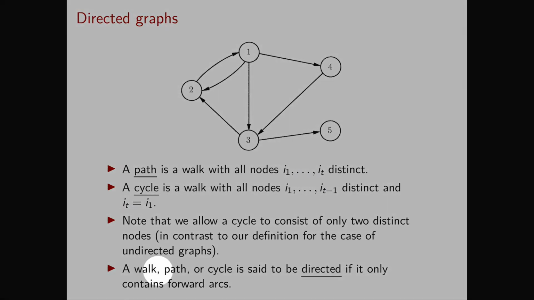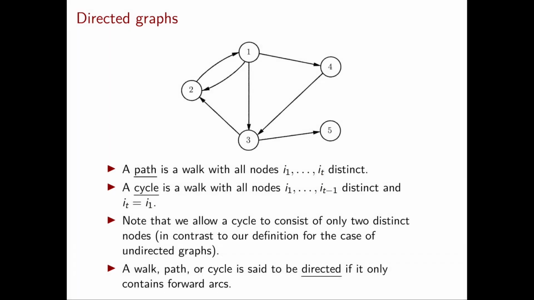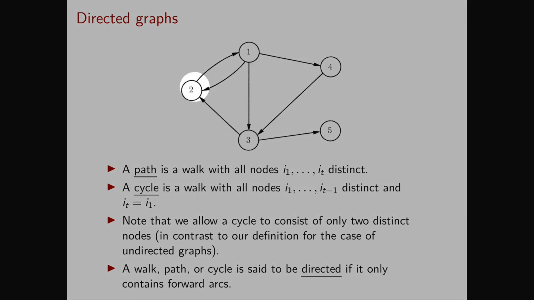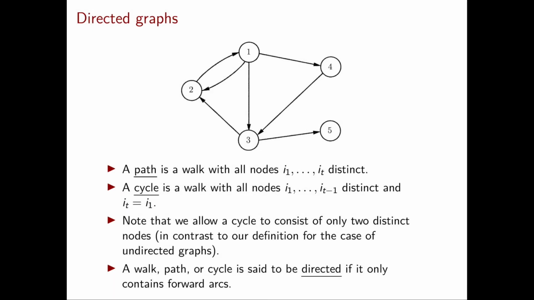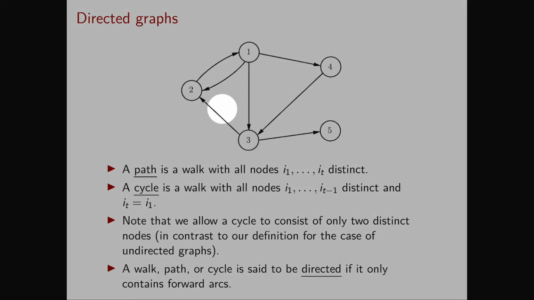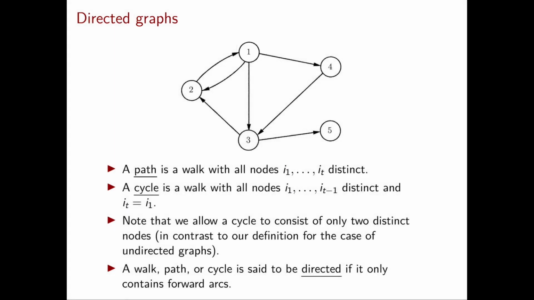Finally, a walk, path or cycle is said to be directed if it only contains forward arcs. The example of cycle that we just saw is not directed. An example of a directed cycle is given by node sequence 1, 3, 2, 1 and by arc sequence (1, 3), (3, 2) and (2, 1).